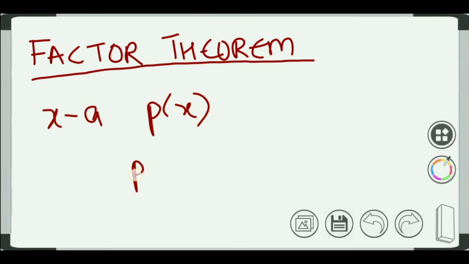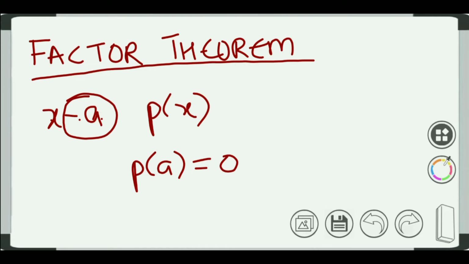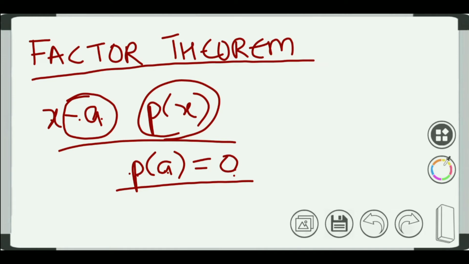P of a is equal to 0, because x minus a is a factor, and the reverse of minus a is plus a. So P of a is equal to 0 because it is a factor of the polynomial P of x. This is what the factor theorem says.